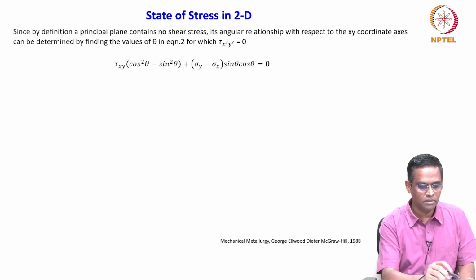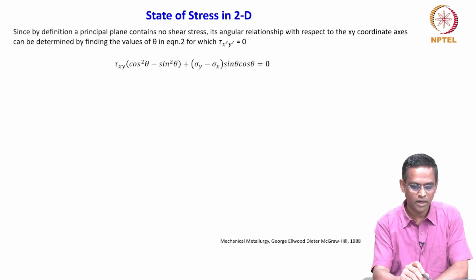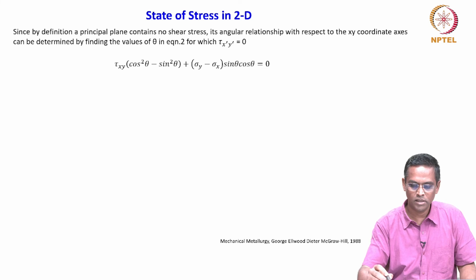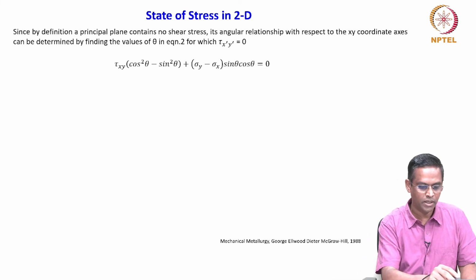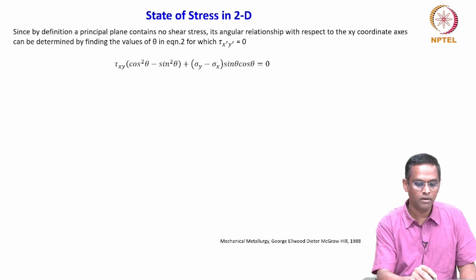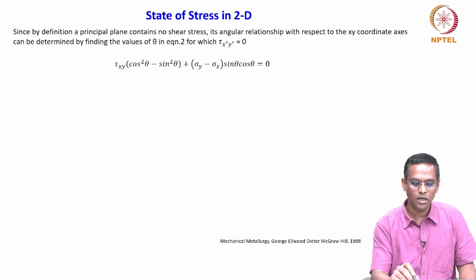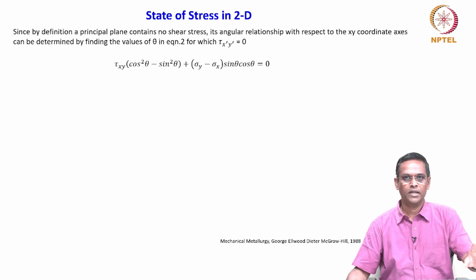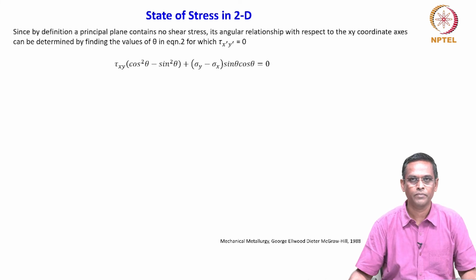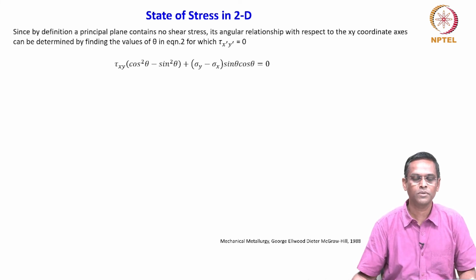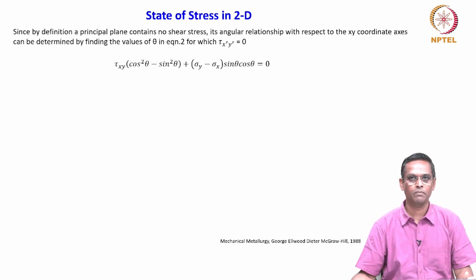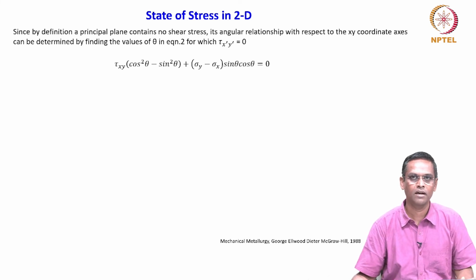Since by definition a principal plane contains no shear stress, its angular relationship with respect to the xy coordinate axis can be determined by finding the values of theta in equation 2 for which tau x prime y prime is equal to 0. We have now derived an equation which describes the shear stress in a plane stress situation for an oblique plane or arbitrary theta.